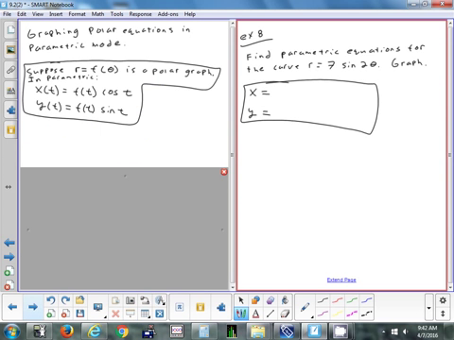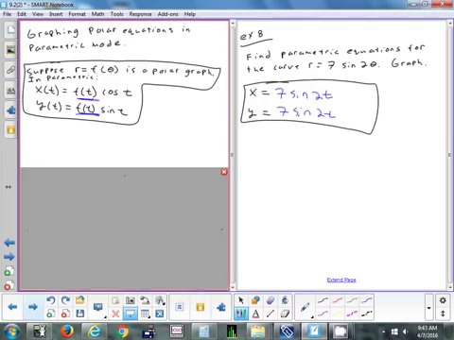Okay, so here's my equation. R equals 7 sine 2 theta. And what did I say the first step was? Change your thetas to t's. 7 sine 2t. You put your function, that's the first thing you put in both.